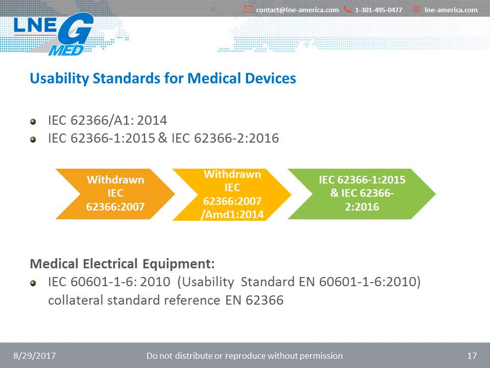The clause 4.2 of the same standard states that usability engineering process complying with the IEC 62366 shall be performed. Therefore, this standard 62366 is adapted as the main standard for demonstration of usability for all medical devices.